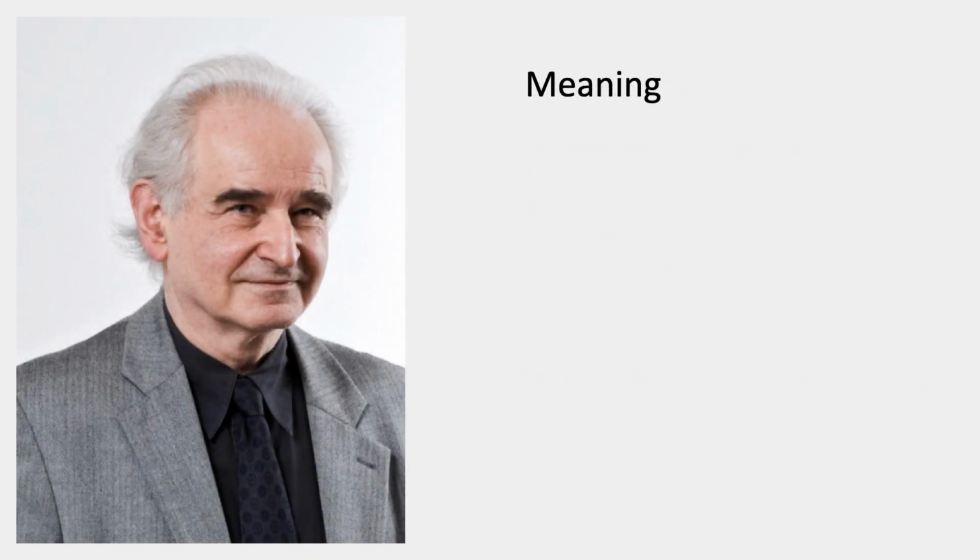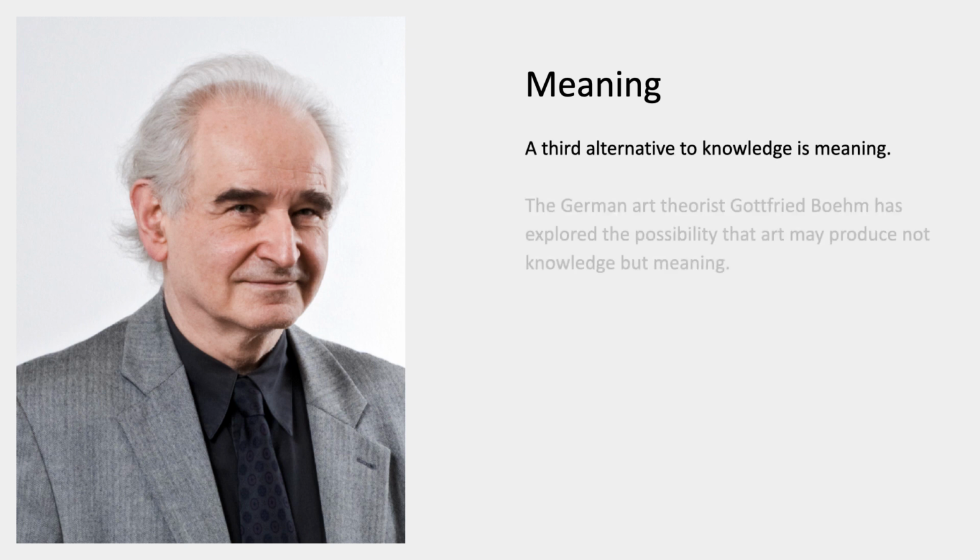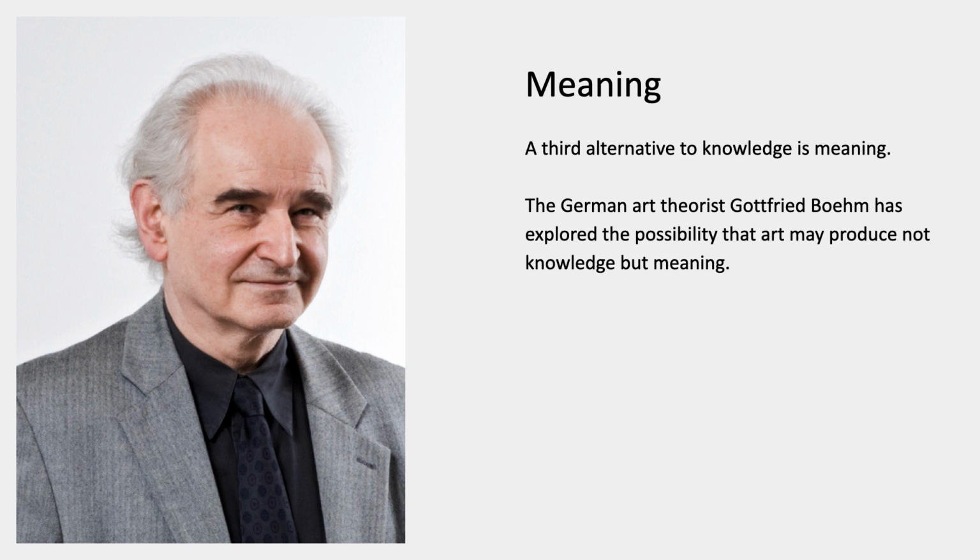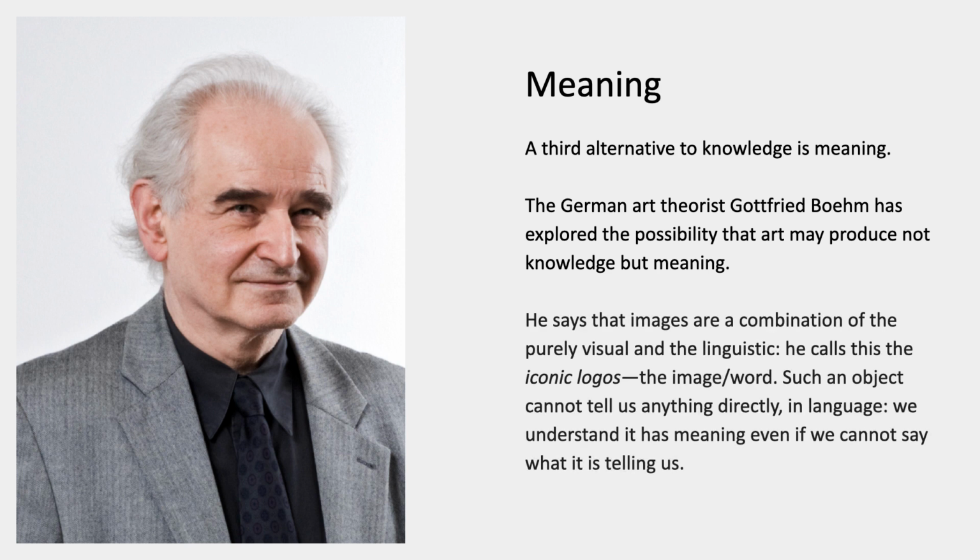And the last alternative I want to mention is meaning. There's a German art theorist named Gottfried Böhm who's explored the possibility that art may not produce knowledge but meaning. So he says that images are a combination of the purely visual and the linguistic, which is something that I talked about in one of the first concepts lectures.